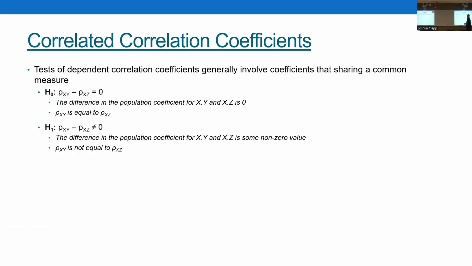What I'm saying here is that the difference in the population coefficients, with the correlation of X and Y and X and Z, is equal to 0. There's no difference in these correlations.